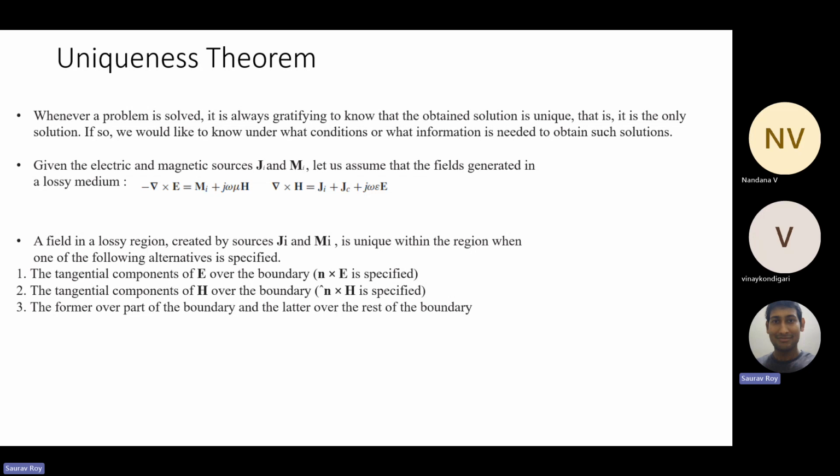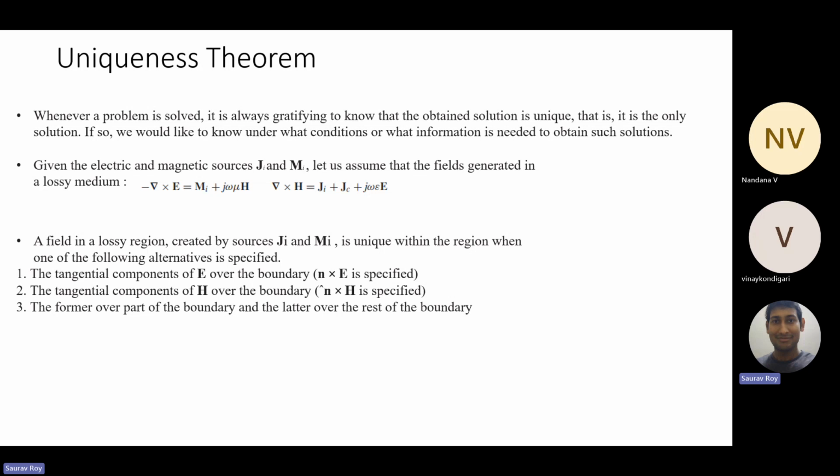The second condition says you should have the tangential component of H specified over this boundary. The third says either the tangential component of the electric field over some portion of the boundary, and over the rest of the boundary the tangential component of the magnetic field has to be specified.